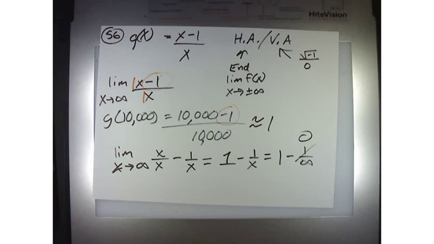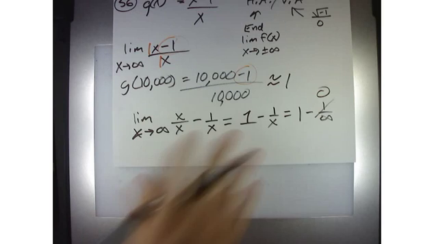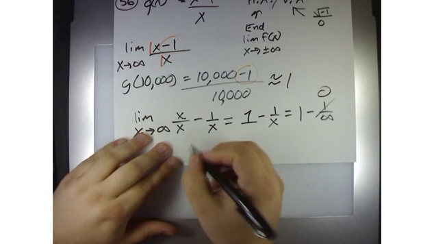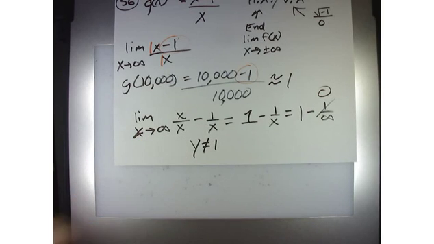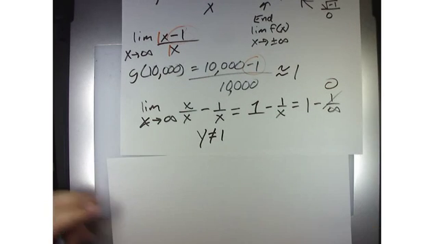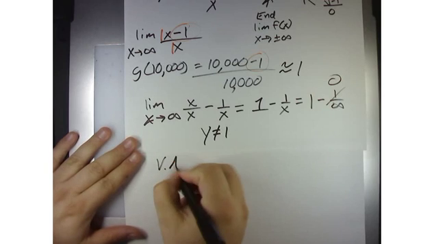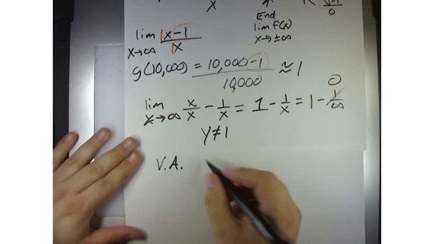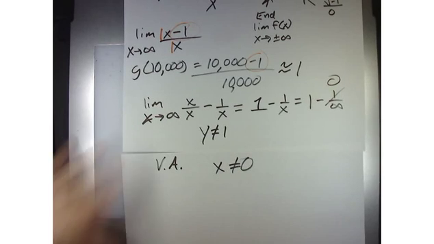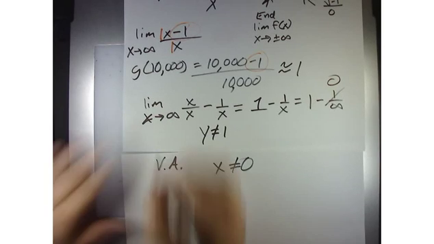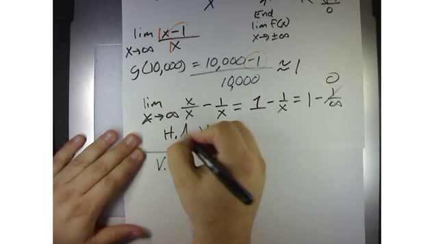Maybe. That's an indicator. Now what about the vertical asymptote? So we're going to say that possibly y does not equal 1. Now let's talk about the verticals. The vertical asymptotes only occur when the denominator equals 0. So my denominator is x and it cannot equal 0. So these are my 2 asymptotes possibly. How could I verify that?